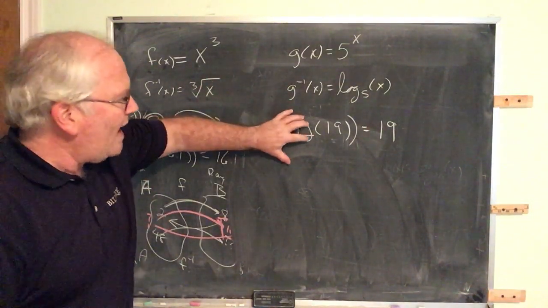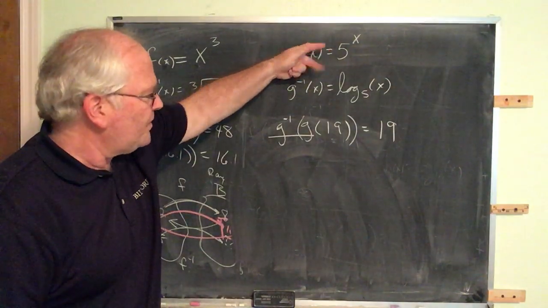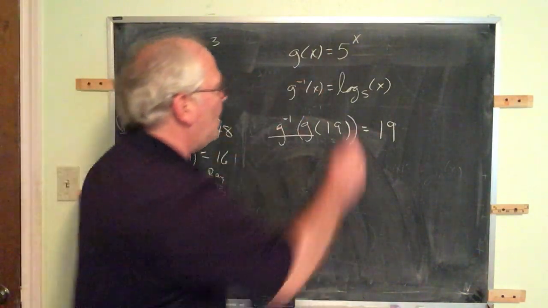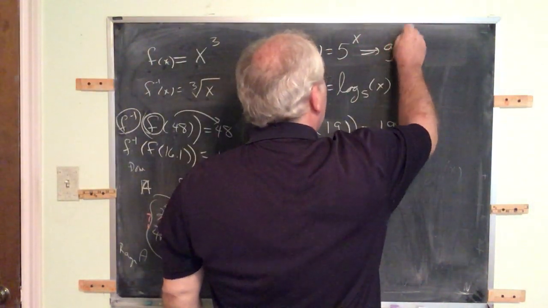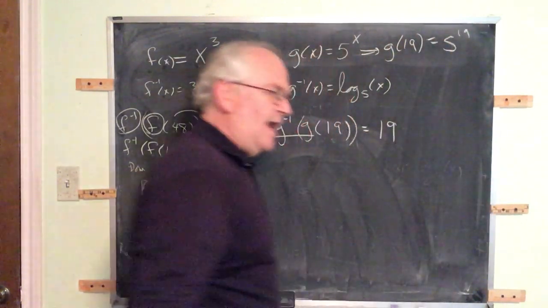Now, let's write this using this notation. When I say g of 19, what that means is 5 raised to the 19th power.